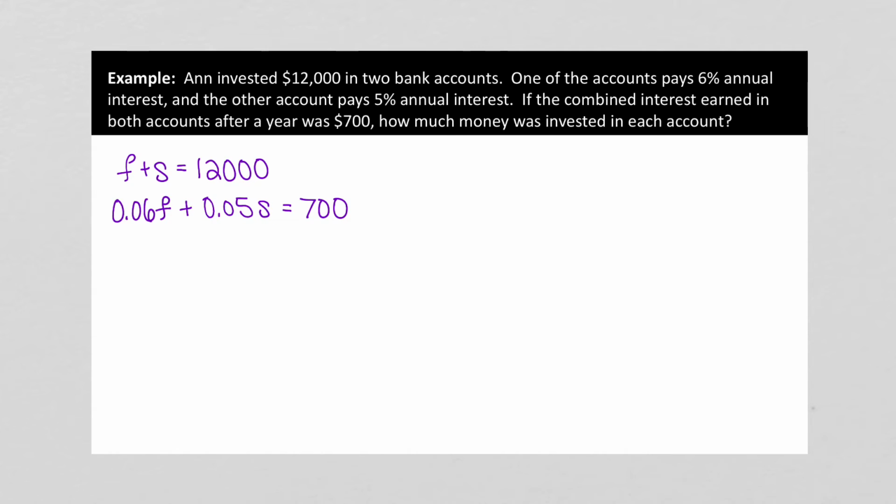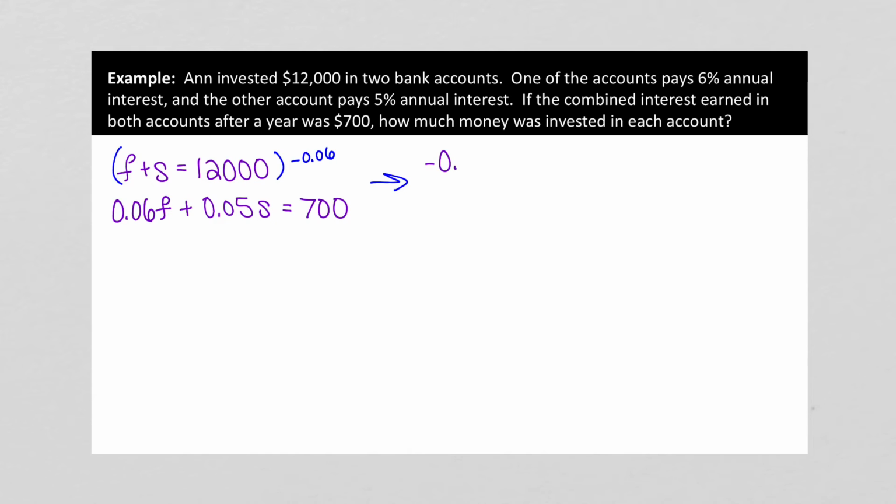Now we have our 2 equations we can solve. I would solve this by elimination. I'm going to multiply the first one. Let's get rid of the F's. So we've got 0.06F, so we need negative 0.06F on top.